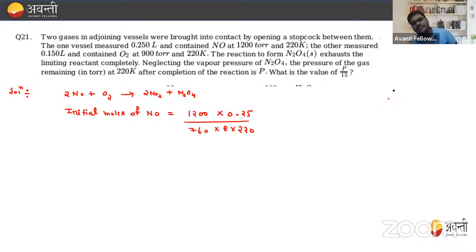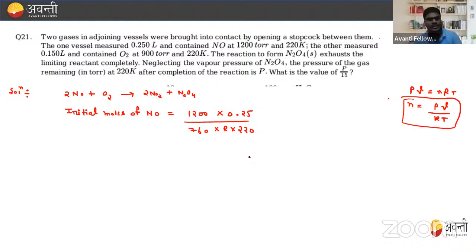How will you get this? We know that PV is equal to nRT, so n is equal to PV upon RT. In this question, P is already given, that is the pressure is 1200 torr, and the volume is 0.25. R and T we already wrote.